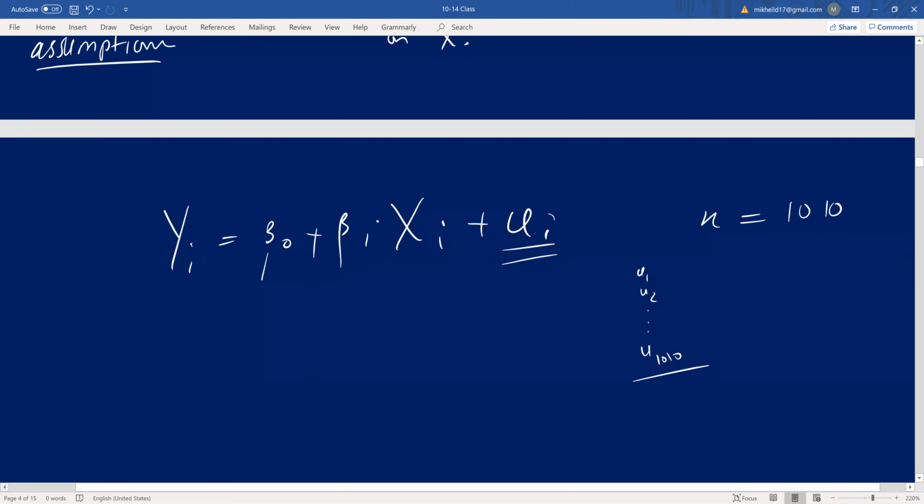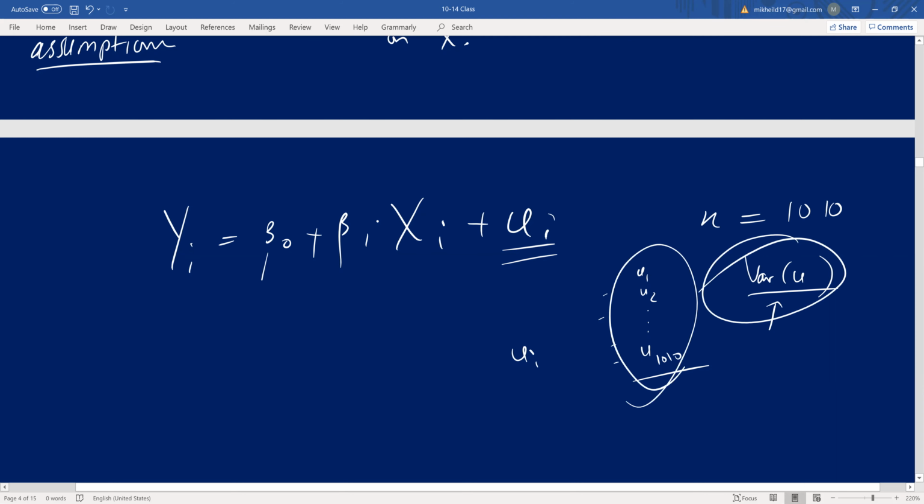If you knew these values, would you be able to calculate the variance of UI? Yes. But do you know these values? No. Are you then able to calculate the variance of U? No. But if you had these values, then you would be able to calculate it, right?